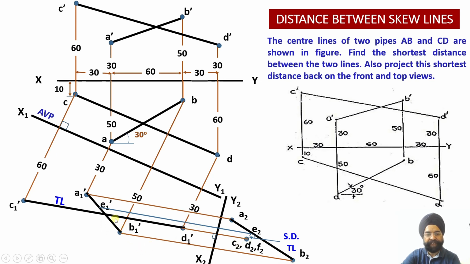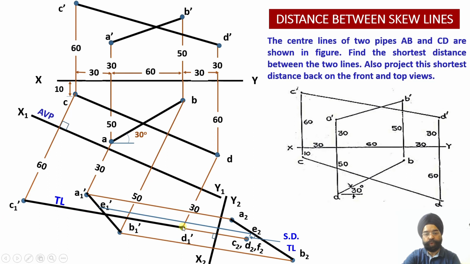Now you see, having drawn this projector back, I have been able to locate point E1 dash onto the line A1 dash and B1 dash. Now having located this, now one point which has been located on the line A1 dash B1 dash, which is E1 dash. Now I want to locate another point F1 dash onto C1 dash and D1 dash.